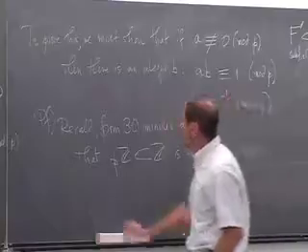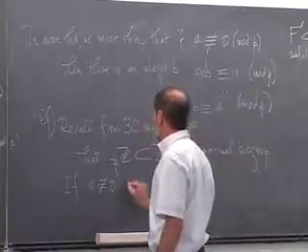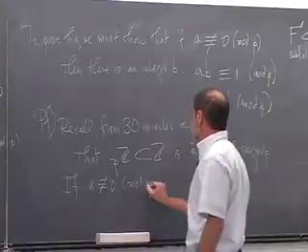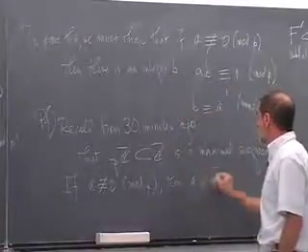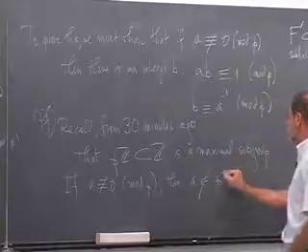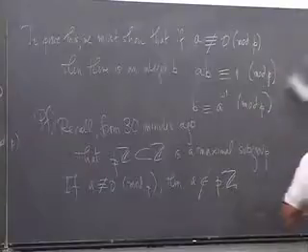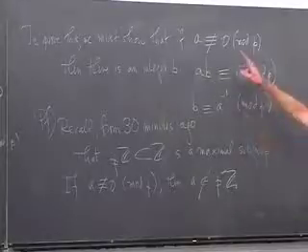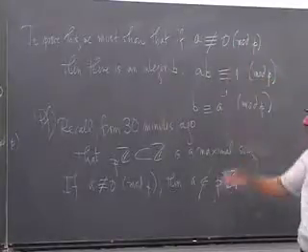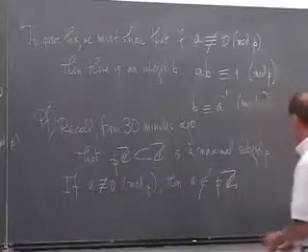Now, if A is not congruent to 0 mod P, then A is not an element of the subgroup PZ. We agree on that? That's our hypothesis. We have a non-zero element mod P, which means it's not divisible by P, so it's not in here.